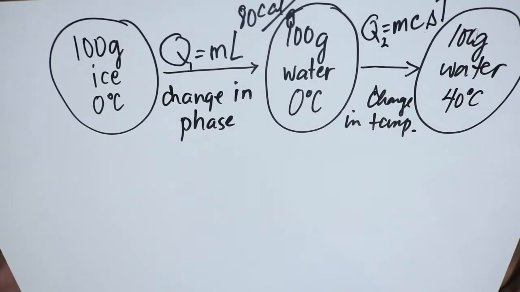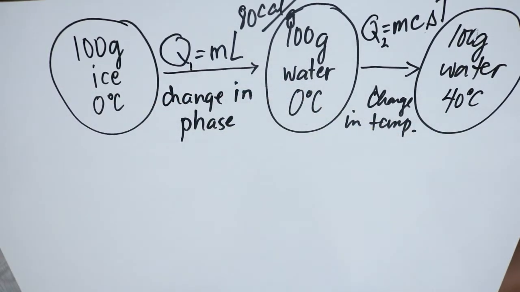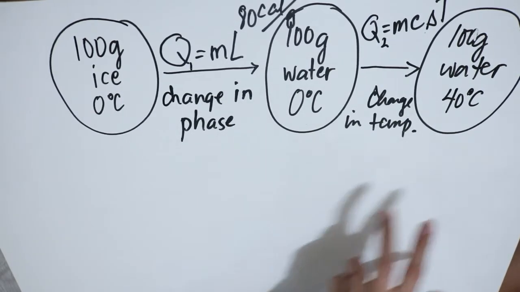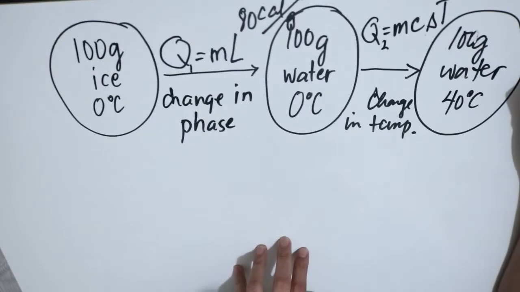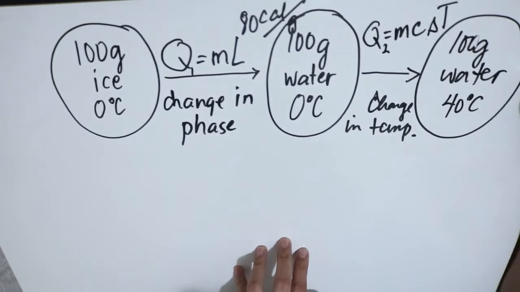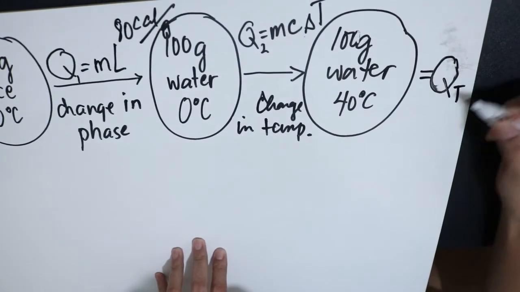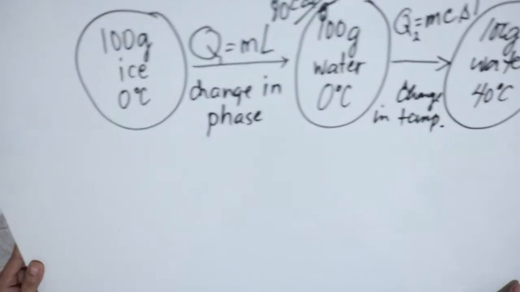Now, the last part of the problem asks how much is the total energy. Meaning, in the whole process from 0 to 40 degrees Celsius, what is the amount of energy used? We need to find the total energy. Let's assign QT for total energy used.